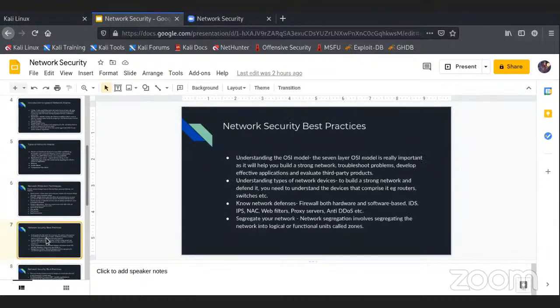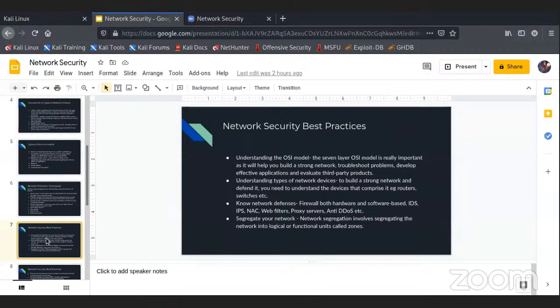So for someone who wants to venture into network security, there are some best practices that they should try to consider. One of them is understanding the OSI model. For those of you who've done networking, there is the OSI model, that is the Open Systems Interconnection model, that is really important when it comes to building strong networks, troubleshooting problems, and developing effective applications.